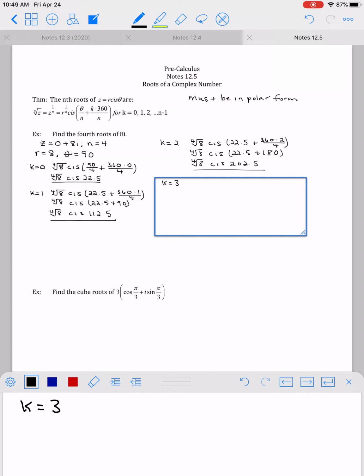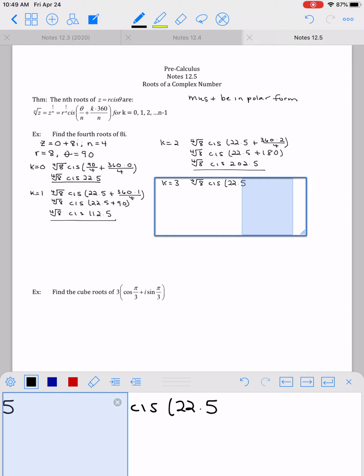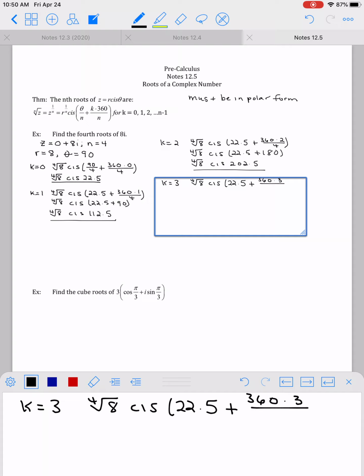And then our last one will be k equals 3. So again, fourth root of 8, copy the cis, copy the 22.5 plus 360 times 3 over 4. So this time, if you follow the pattern, we'll be adding 270 to our angle there.